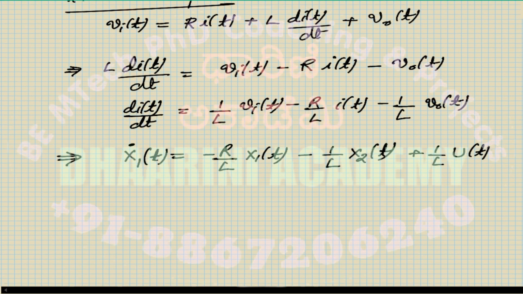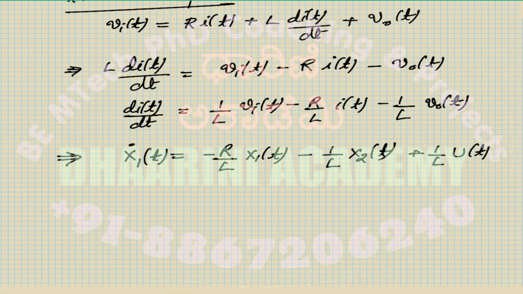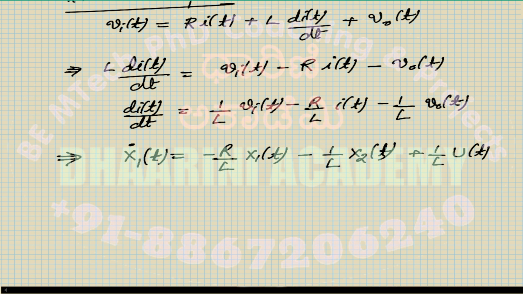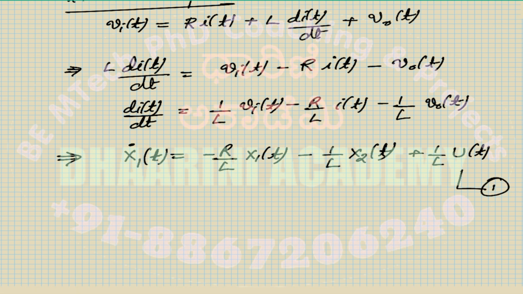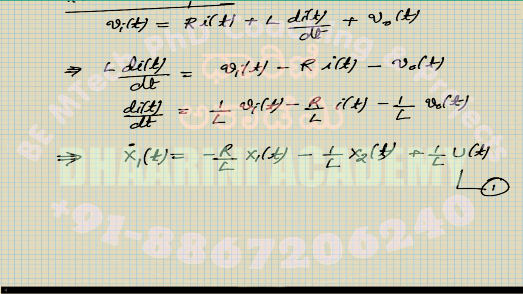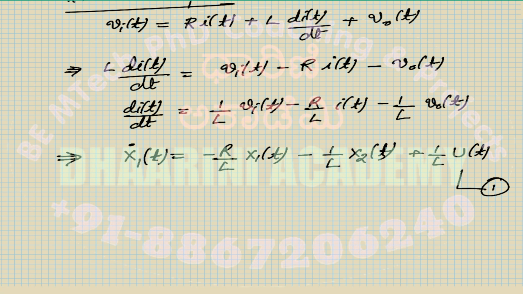We got x1 dot. Similarly, we need the second equation for x2 dot, because state variables are two, so we should write for both of them.